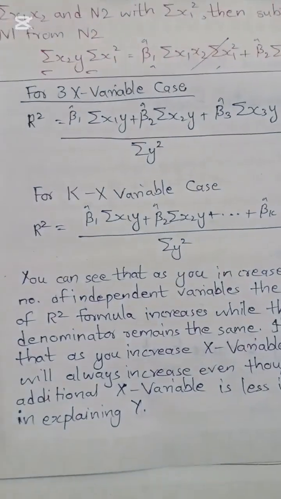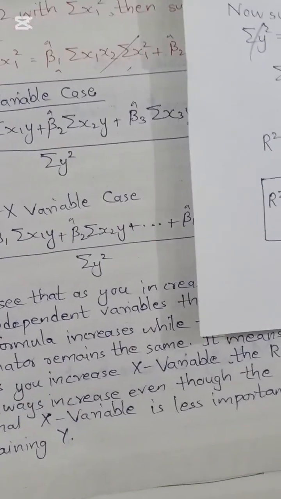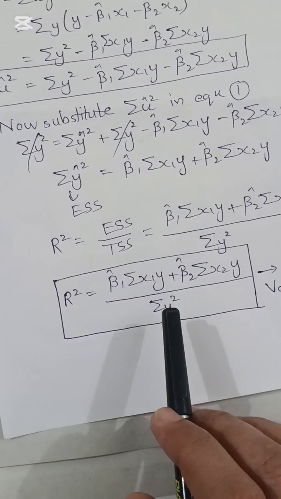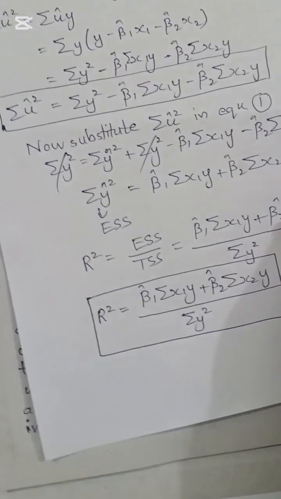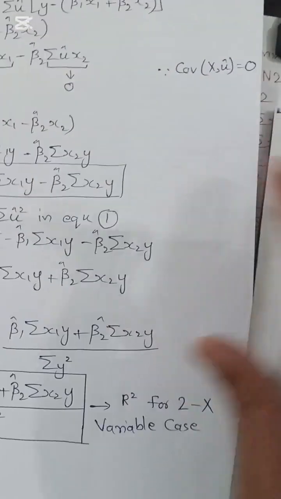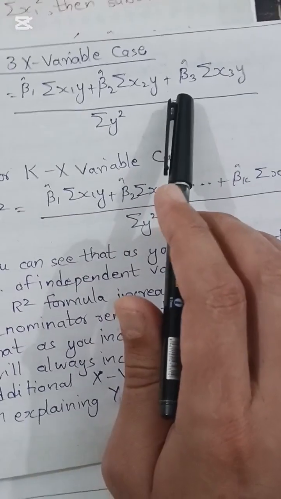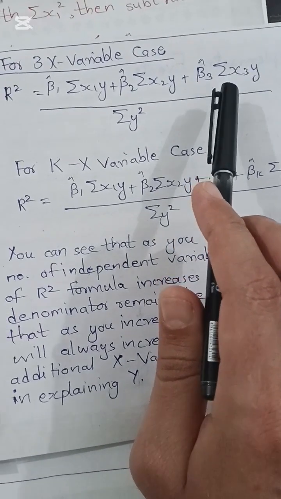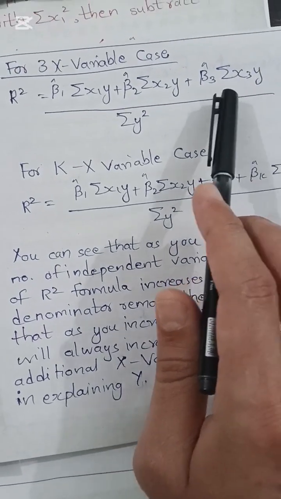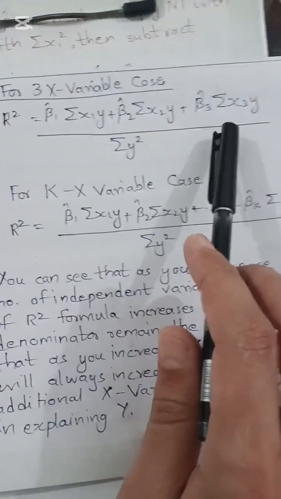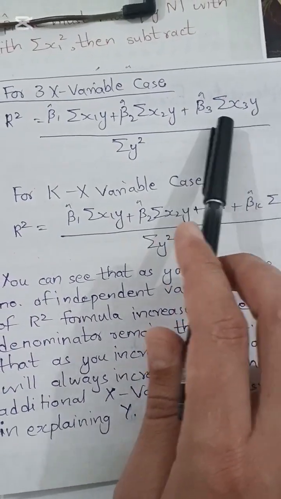Compare this formula with this formula. What is the difference between two formulas? You can see that in this formula only this term has been added, beta 3 hat sum of x3 y. This term has been added because there are three independent variables.